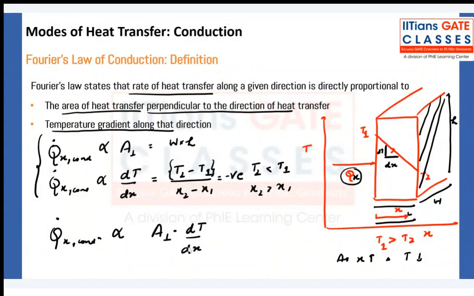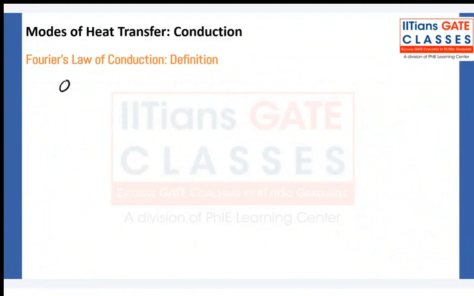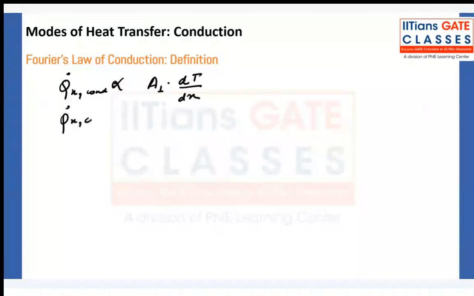So Qx conduction is proportional to perpendicular area into dT by dx. Now if I remove the proportionality sign, I'll add a proportionality constant k.